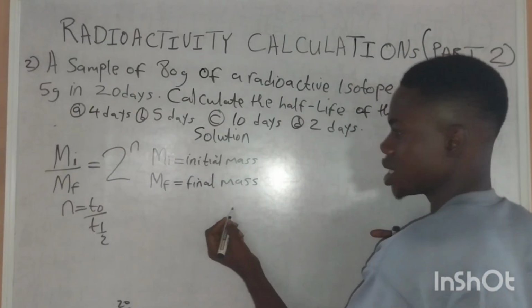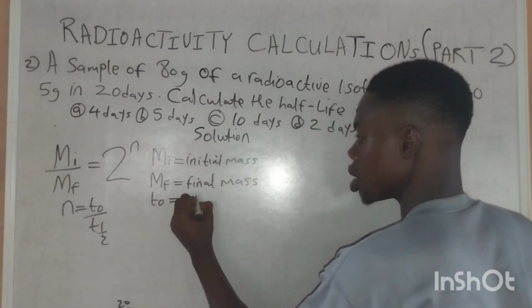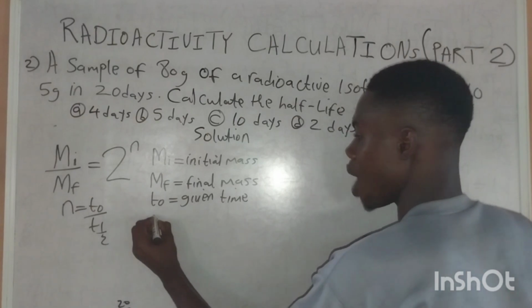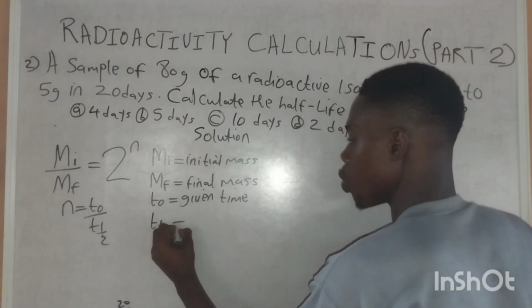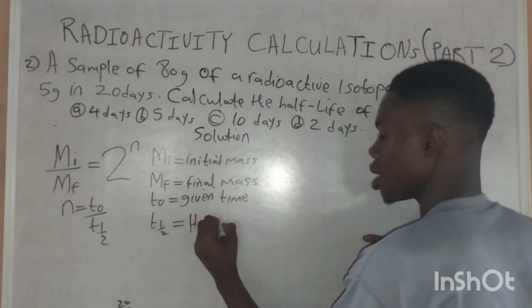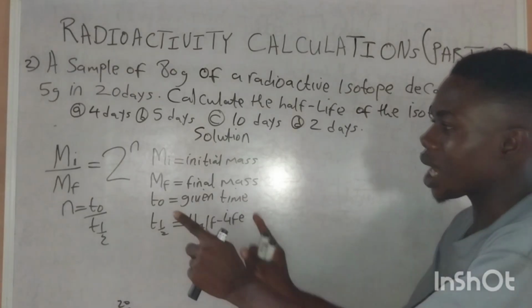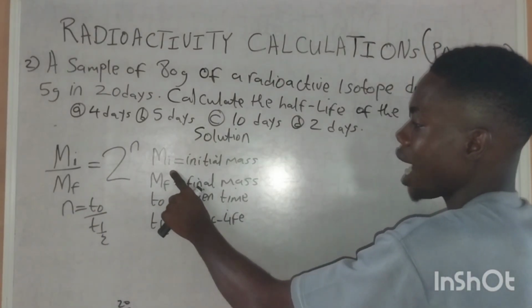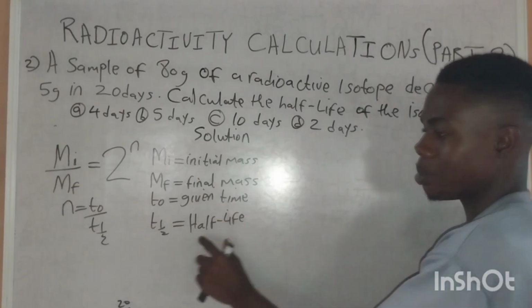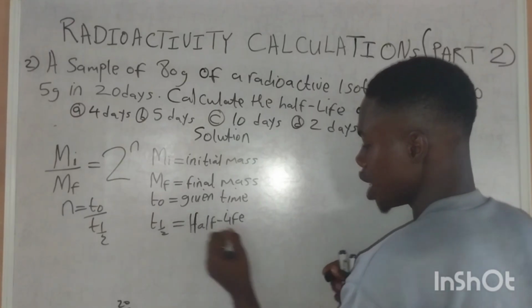T naught is the given time, while T half is the half-life. So in this particular formula, Mi is the initial mass, Mf is the final mass, T naught is known as the given time, while T half is known as the half-life. So please take note of this.